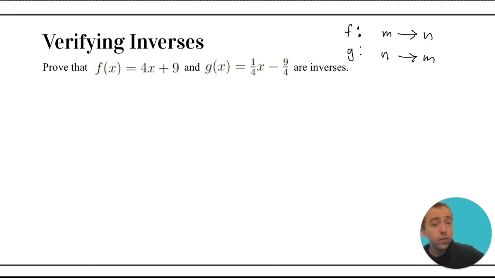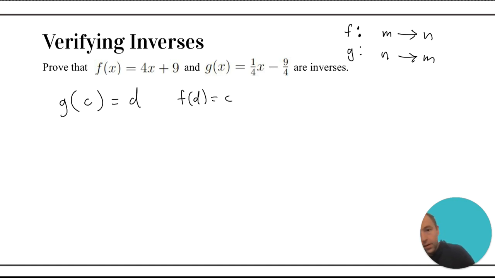So what we could try to show, to show that these are inverses, is that if you take, say, g, and you plug in some element, say c, into it, and we know that it equals d, that would mean, of course, that f of d would equal c.